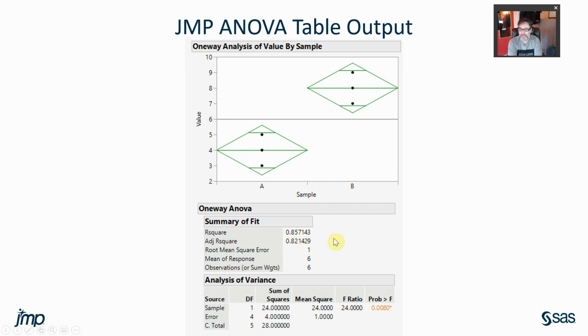That is basically 24, the model sums of squares, divided by the total. So we're saying that 24 out of 28 of that variation, or 85%, is explained by our model.